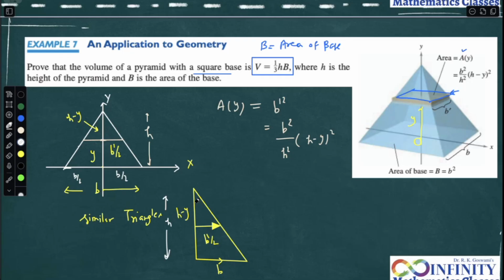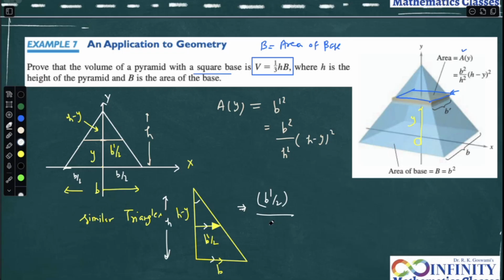They have an angle common. Two sides, the bases, are parallel for you. I can tell you these are going to be similar triangles, and in similar triangles the ratios of corresponding sides are going to be the same. So b prime by 2, this is the base of the smaller triangle.